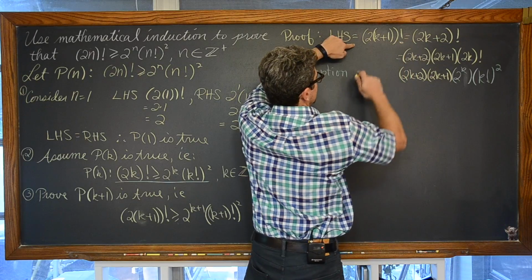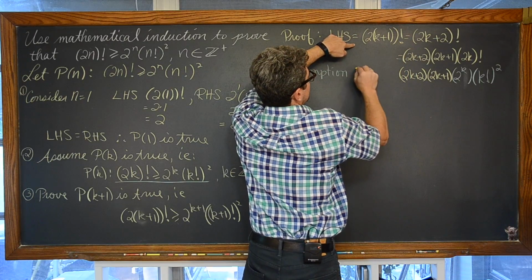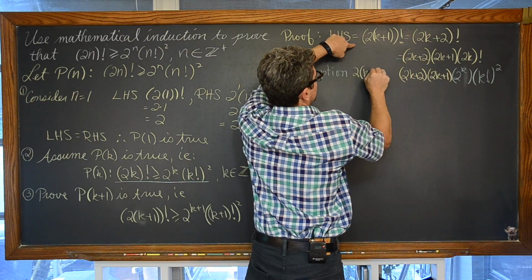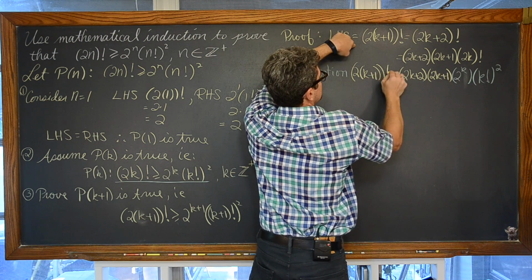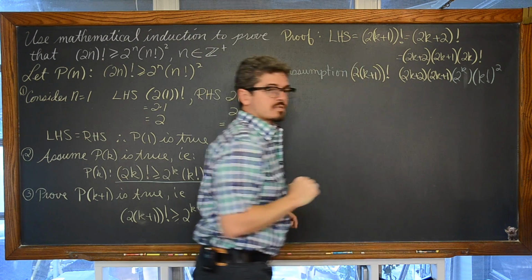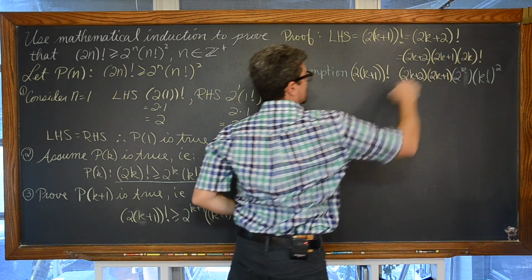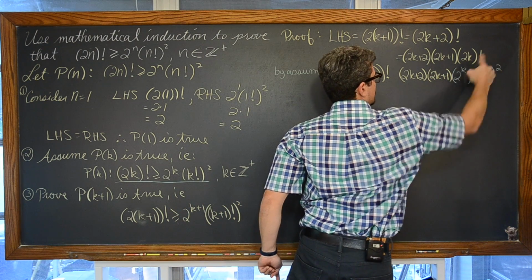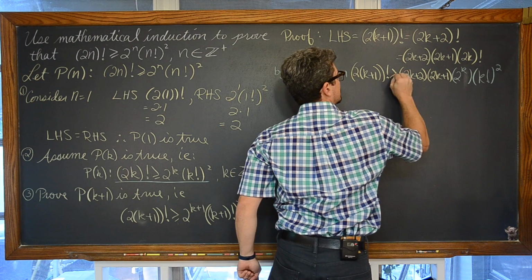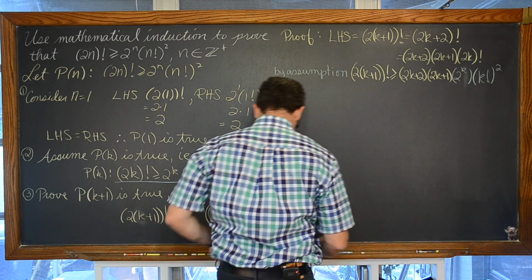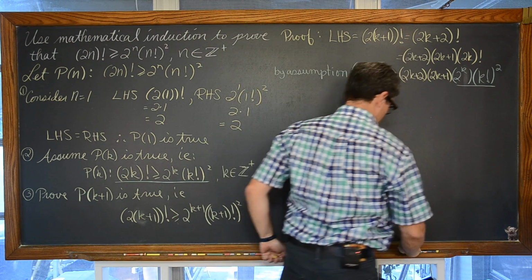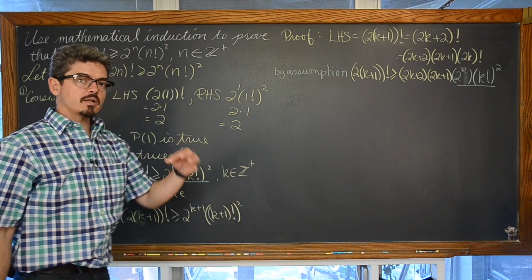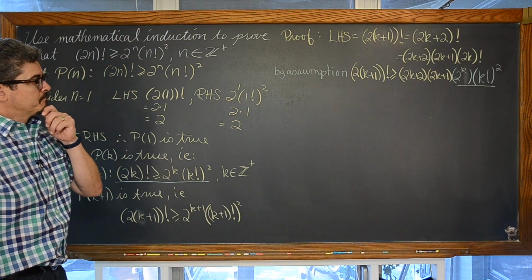I'm going to bring the left-hand side down and say that now 2 times k plus 1 factorial is no longer equal to this expression. It was equal to the second line, but for the third line, 2k factorial is equal to or greater than what I've written here in green. So now I've brought in the inequality notation.